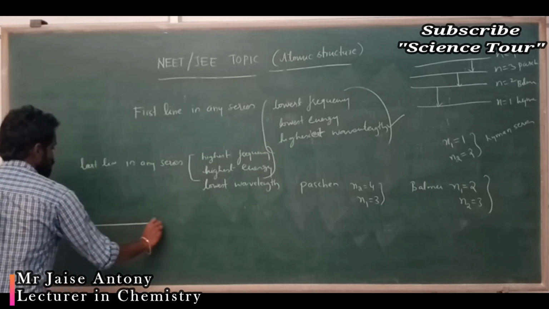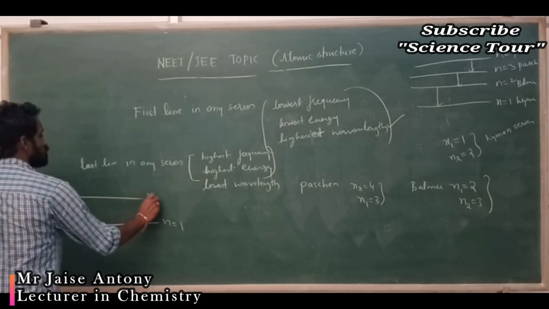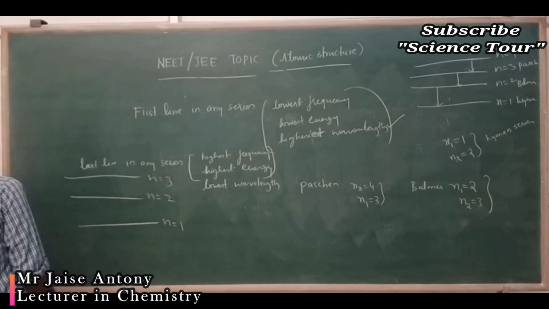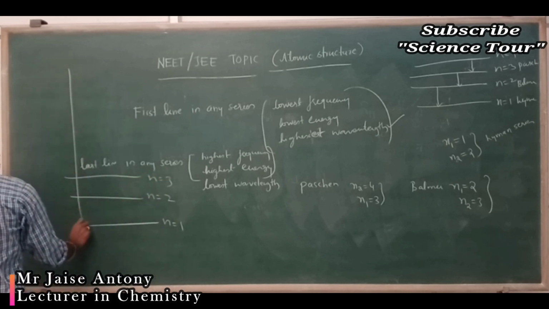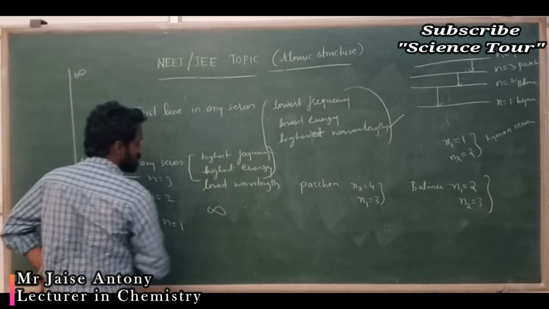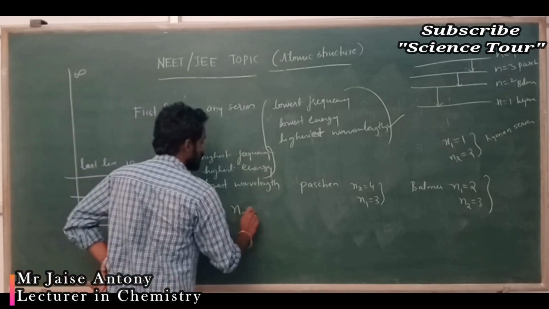But my dear students, n is equal to 1 is Lyman, n is equal to 2 is Balmer, n is equal to 3 is Paschen. Last line means which one? Any last line means infinity line. So any line considered as a last line means n2 is nothing but infinity.